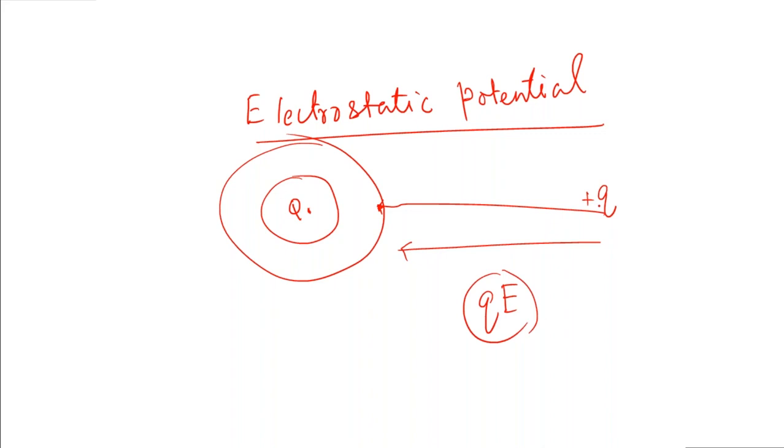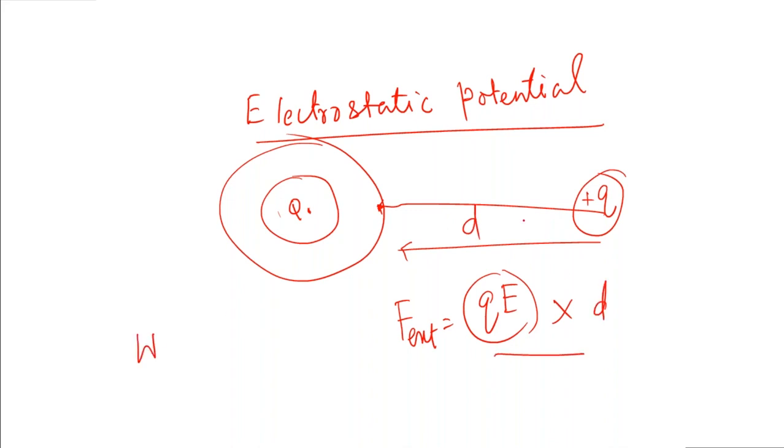Q into E, that is the electric field which exerts the force, the force exerted by the electric field created by this charge. This much external force you have to apply on this charge to bring it here, and obviously you have to do certain work. Suppose this distance is d.